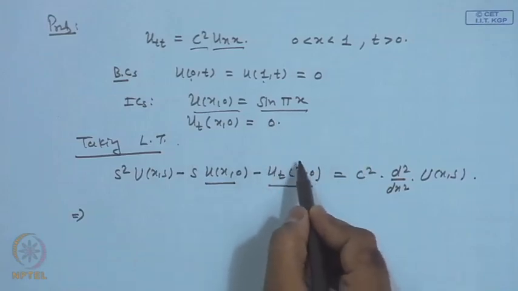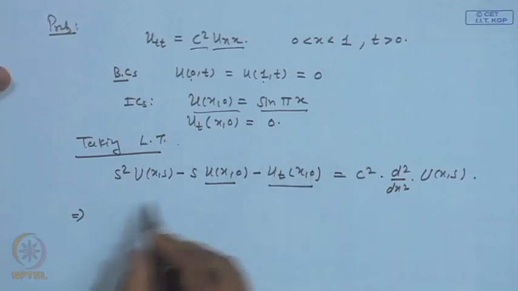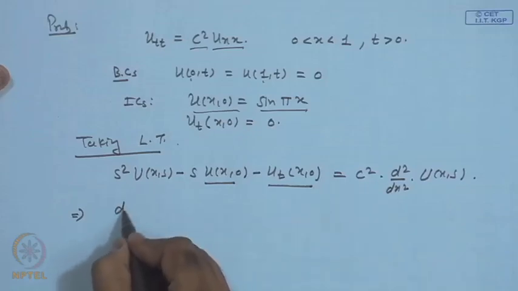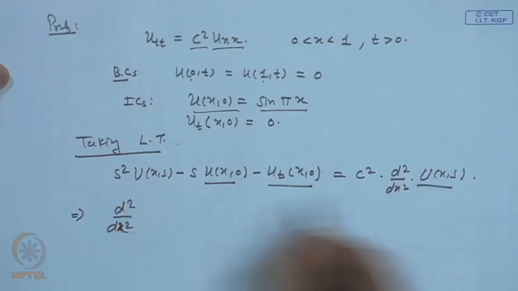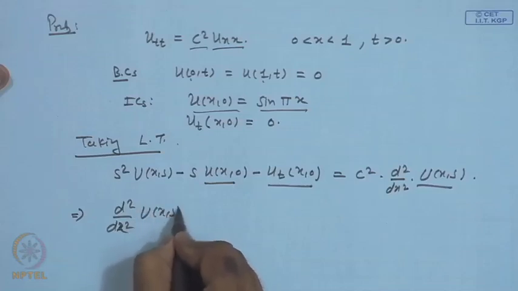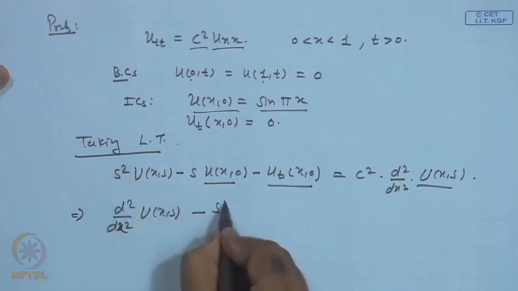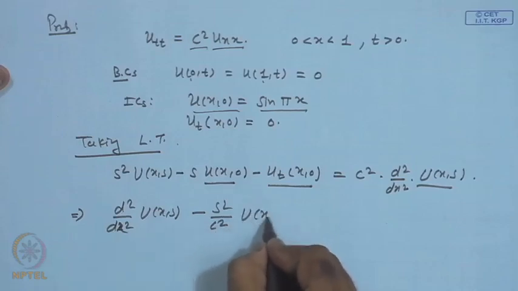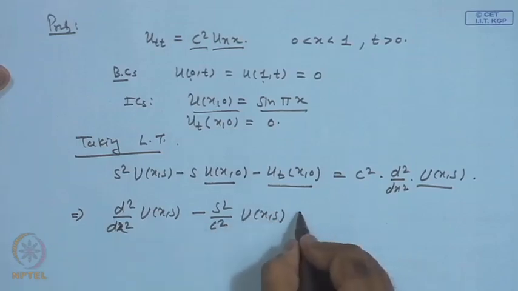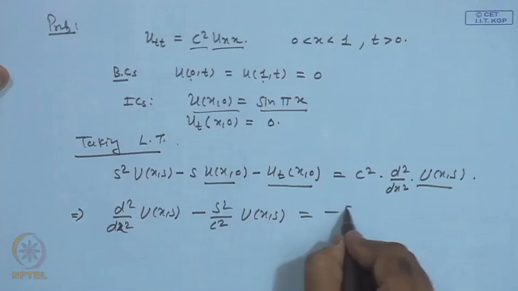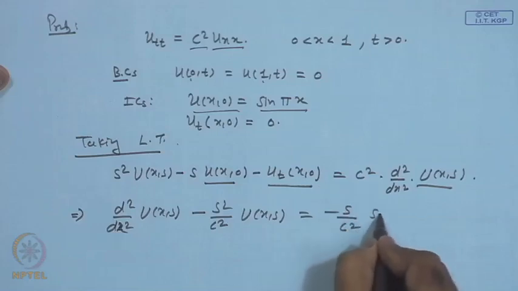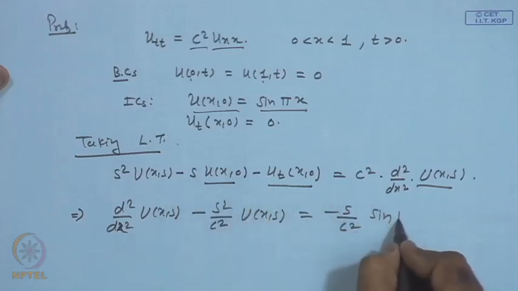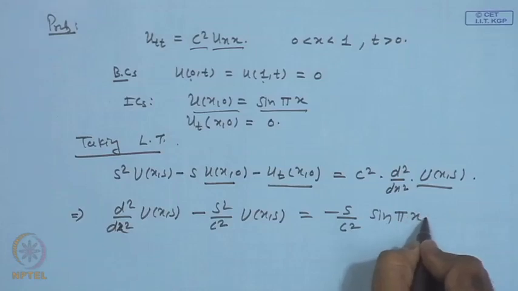Here we get the 0 term, and so we have d2 over dx square of U(x,s) minus s square over c square U(x,s), and this is minus s over c square sin pi x, the initial condition.